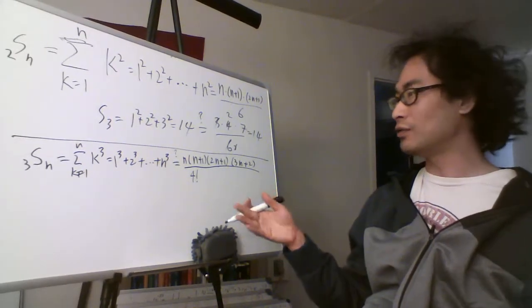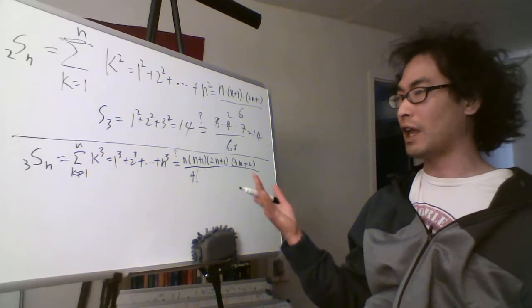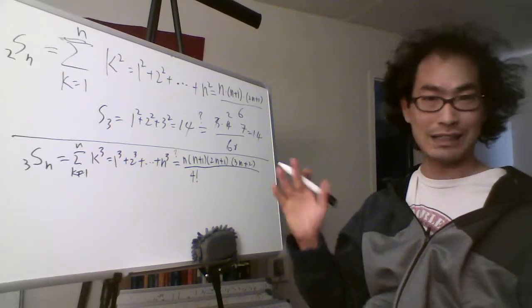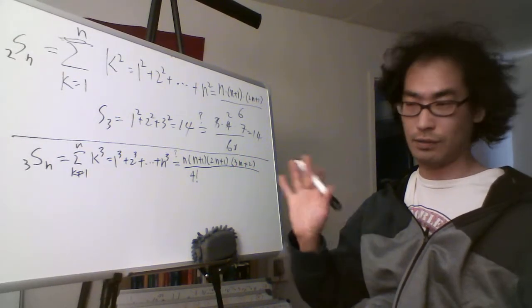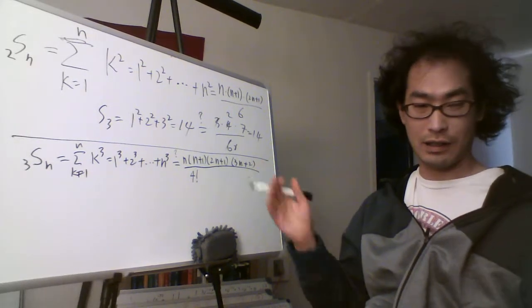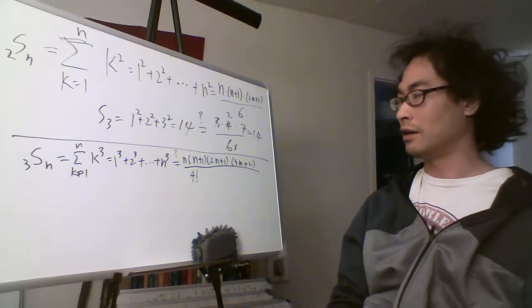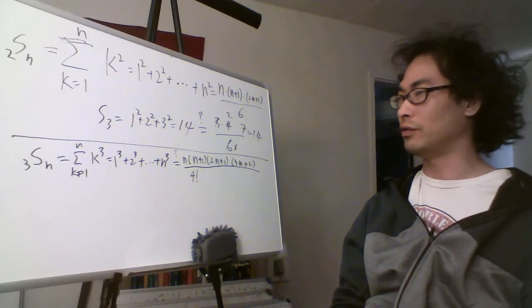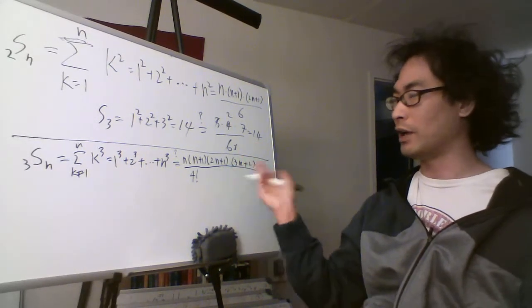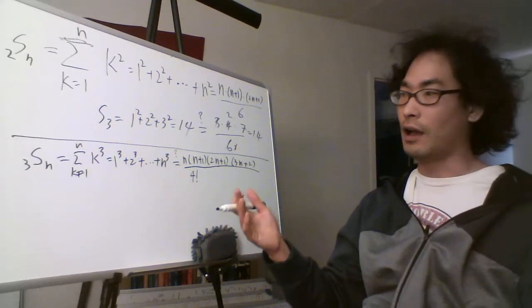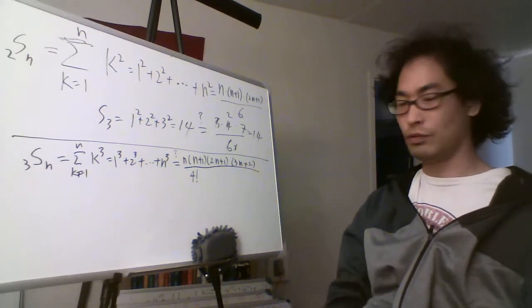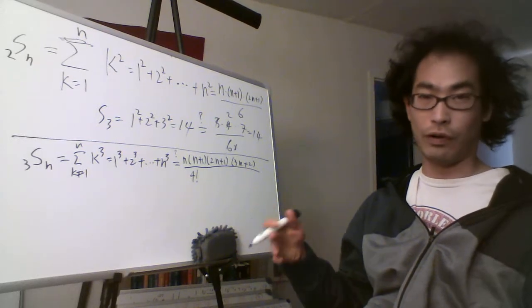Because there's a proof technique called mathematical induction, and that's a real proof. You prove it when n is equal to 1, then you assume the formula is correct for n, and then somehow you prove that it's also true for n plus 1.